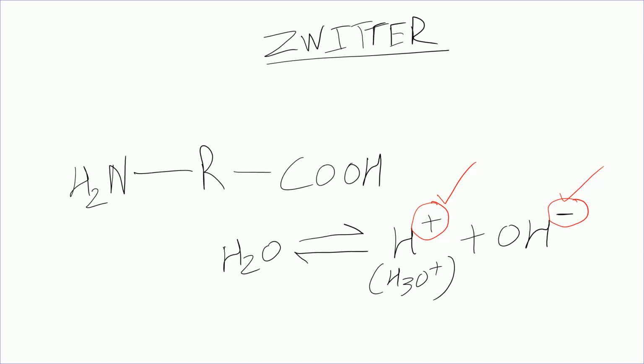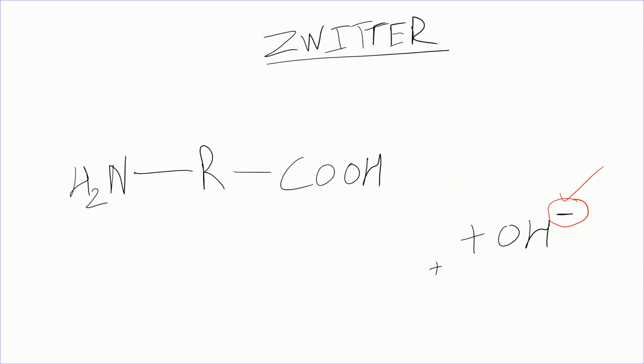In amino acid, you notice that the entire definition of an acid is that it can donate hydrogen. Therefore, in this case, H can be donated. Let me change the color.